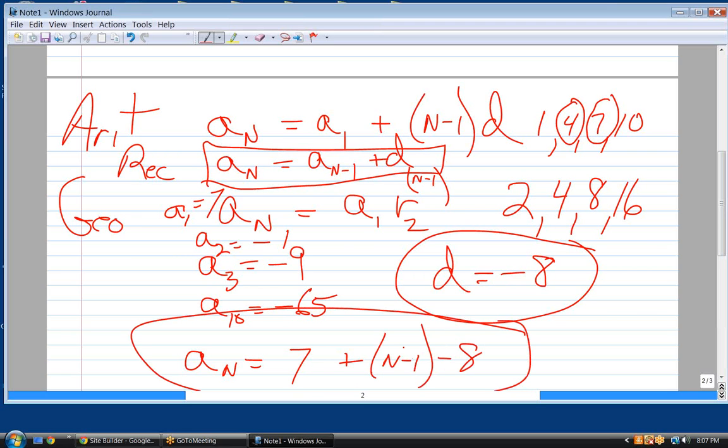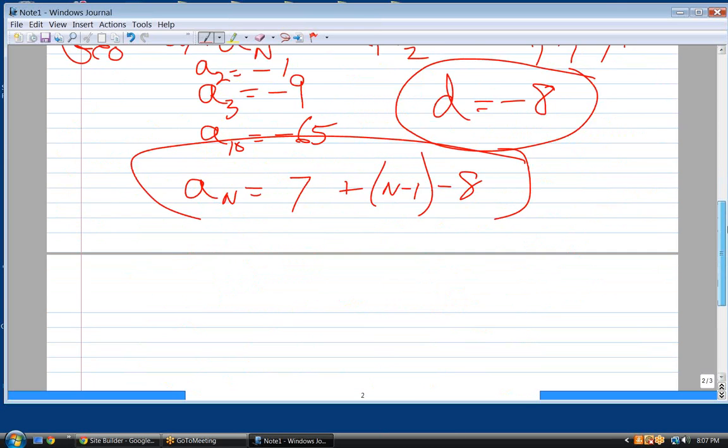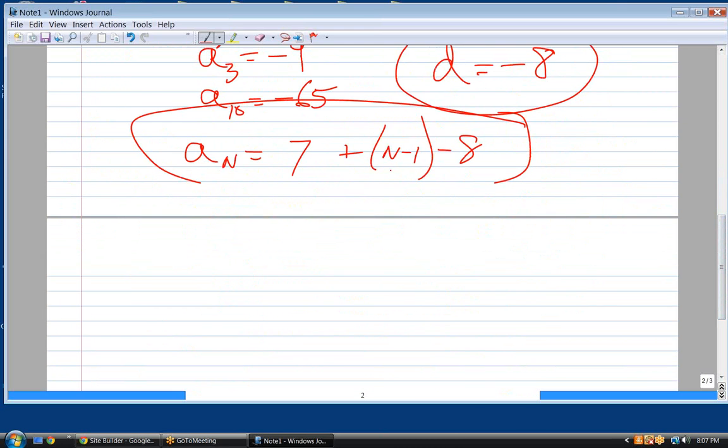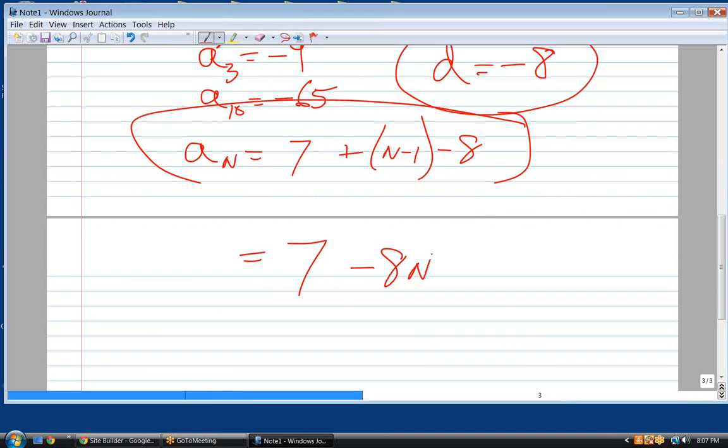So there's the explicit formula for that. And if they want this multiplied out, which they probably do, it would be minus 8n plus 8. So it would be 15 minus 8n.